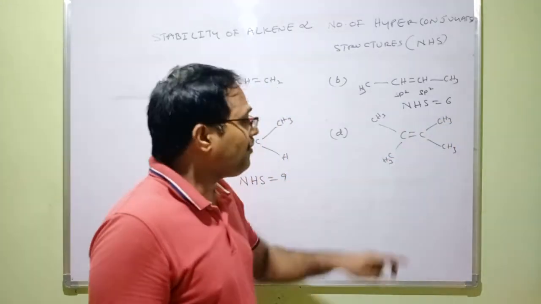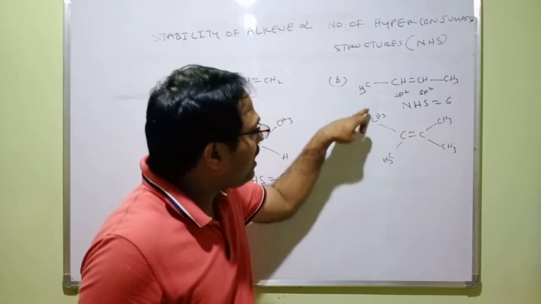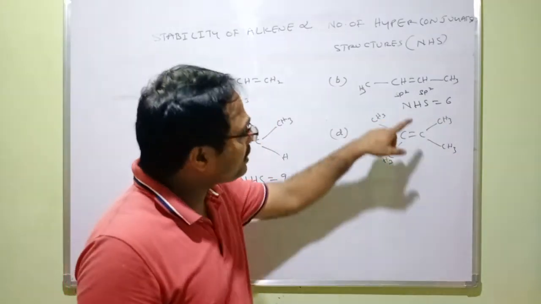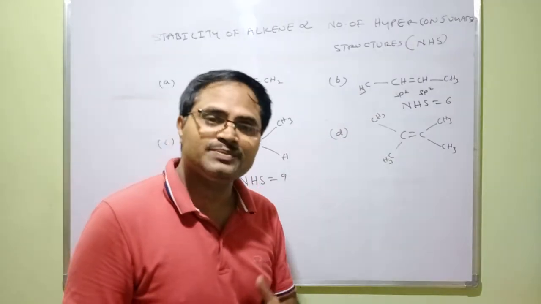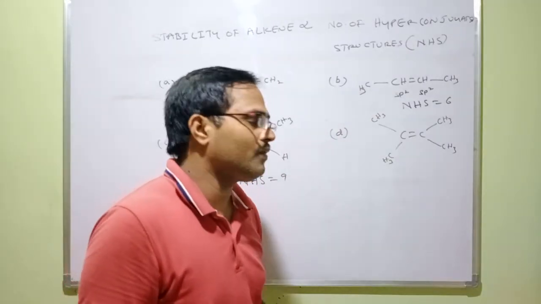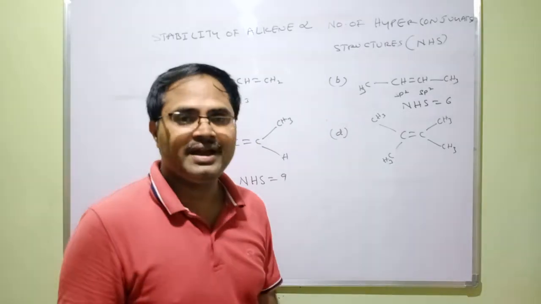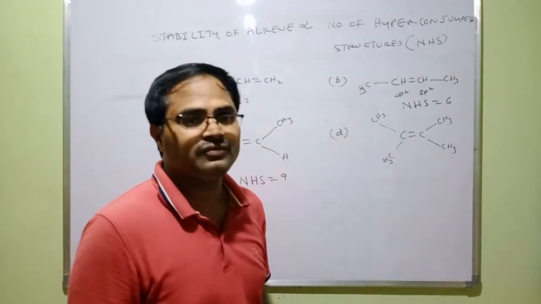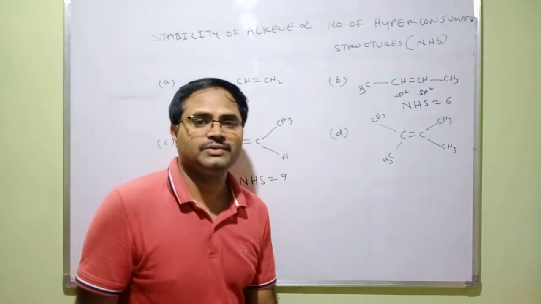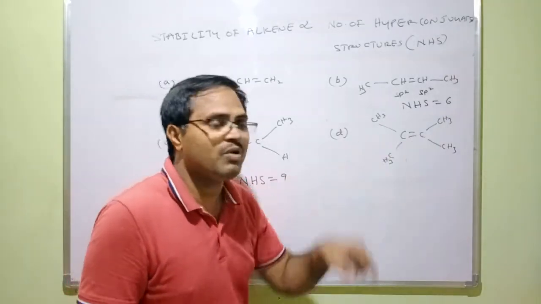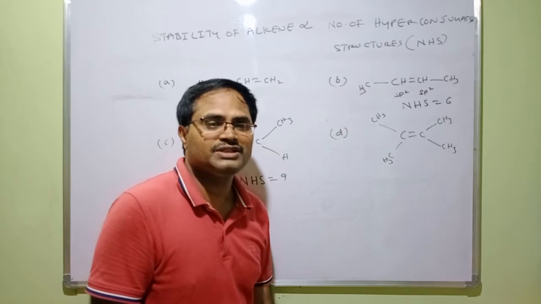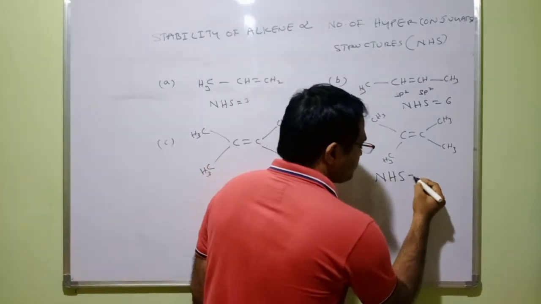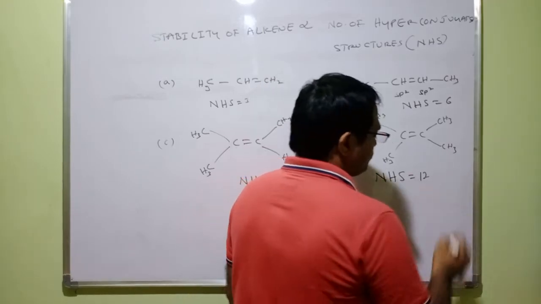We have 4 alpha carbons, and all 4 undergo sp3 hybridization. Moreover, each carbon carries 3 hydrogens, so total 4 into 3, 12 alpha CH bonds. Then the number of hyperconjugate structures equals 12.